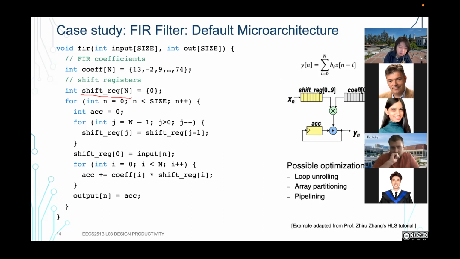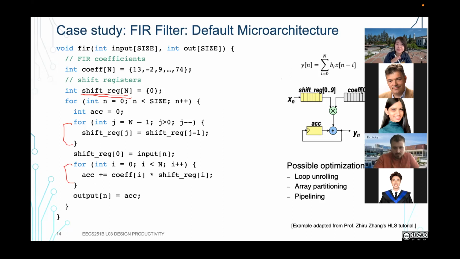In this case, at least when I write it, I still like to instantiate this shift register. This will be our shift register block, and we also explicitly describe the shifting behavior, how the shift register behaves, with a simple for loop. Then we have our for loop doing the multiplication for the FIR coefficients.